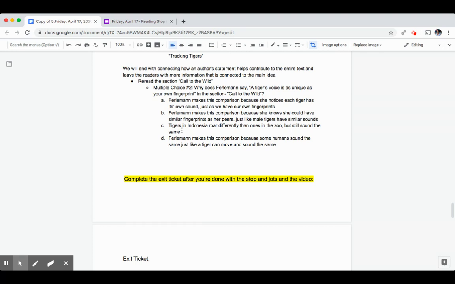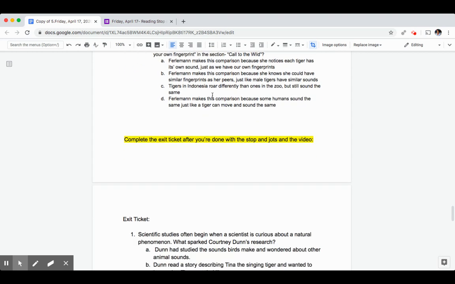Today's secret code for reading class is vacation. V-A-C-A-T-I-O-N. Vacation. Make sure you're spelling it correctly and it's in all lowercase letters. You'll need that secret code in order to be able to answer the exit ticket questions.